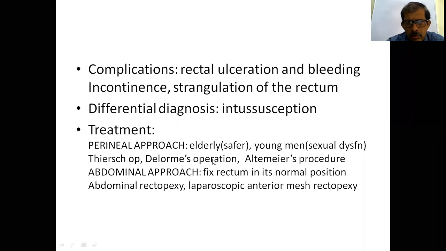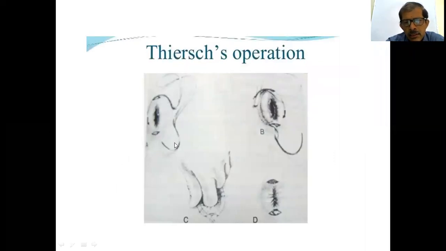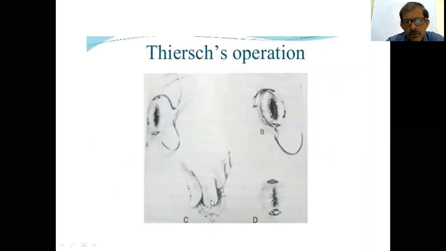to middle age individuals, where the rectum is fixed to its normal position by what is called abdominal rectopexy, which can be done by laparoscopy also. So this is Thiersch's stitch around the anal canal, which allows only this index finger tightly.